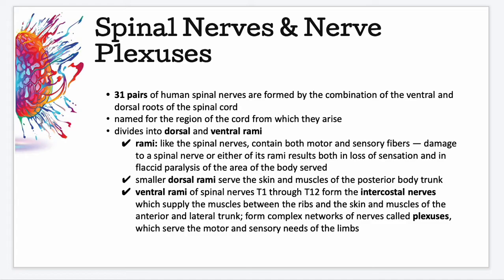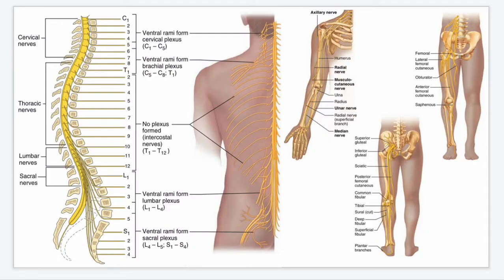You have 31 human spinal nerves formed by the combination of your ventral and dorsal roots. Although each of the cranial nerves issuing from the brain is named specifically, the spinal nerves are named for the region of the cord from which they arise.